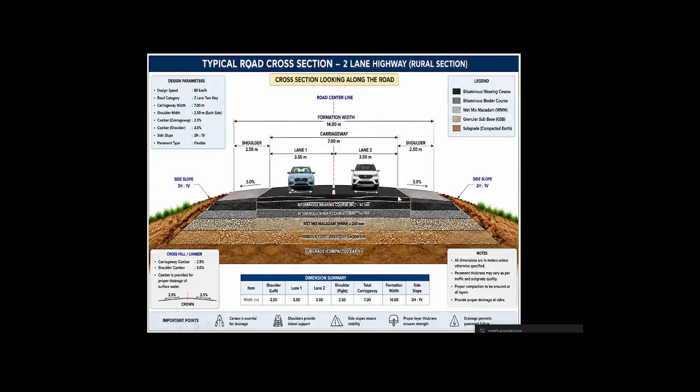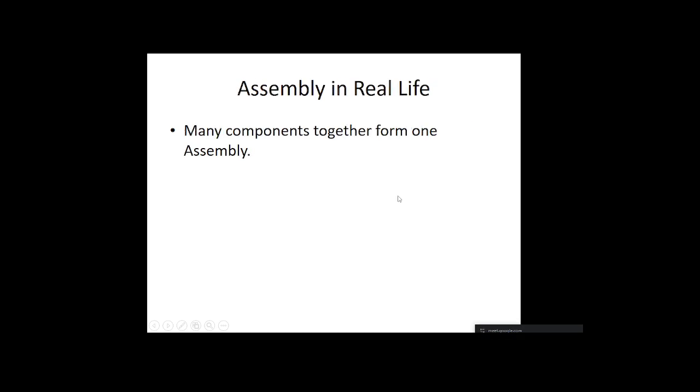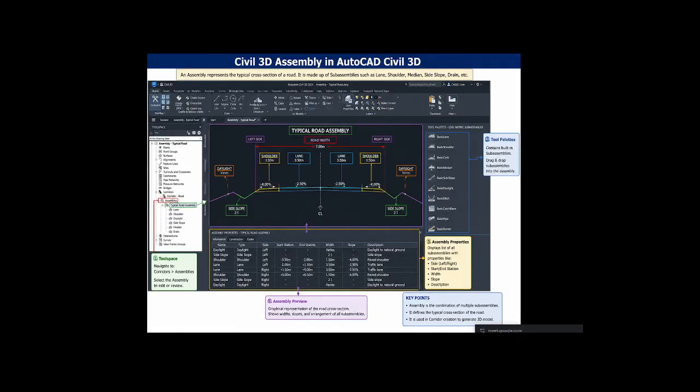Now how does this cross section look in Civil 3D? This type we can create in Civil 3D. This is our center line, crown area. The right side lane one, the left side lane, the lane width, slope of the lane, then the shoulder, slope of the shoulder, both sides, the full carriageway.